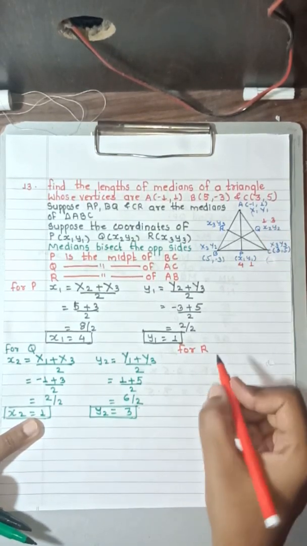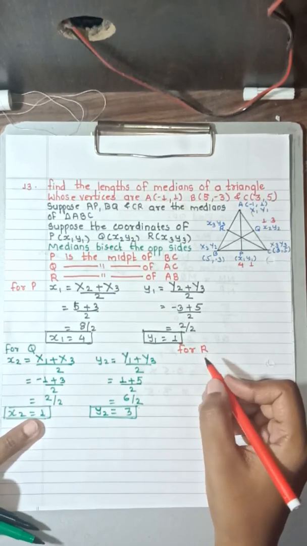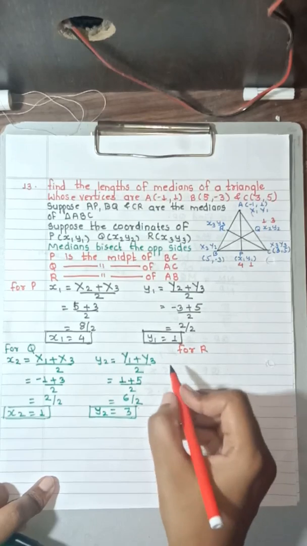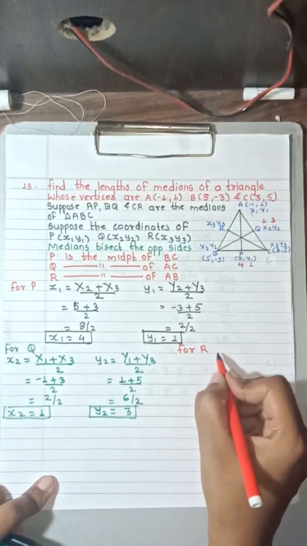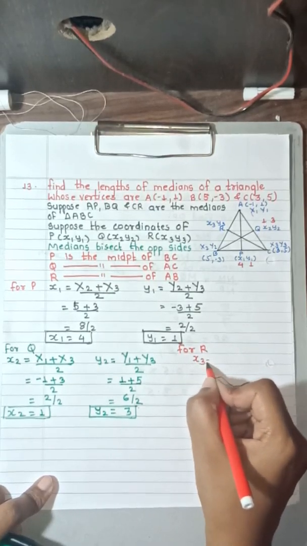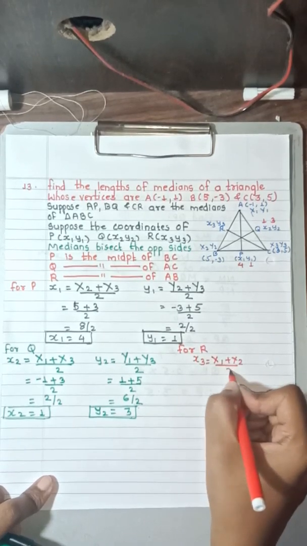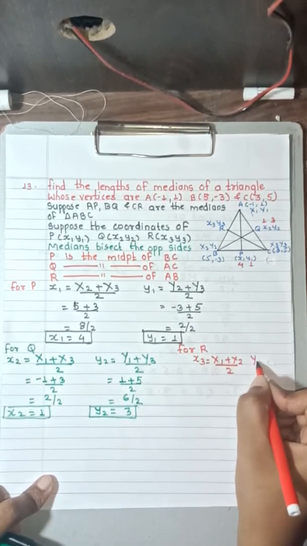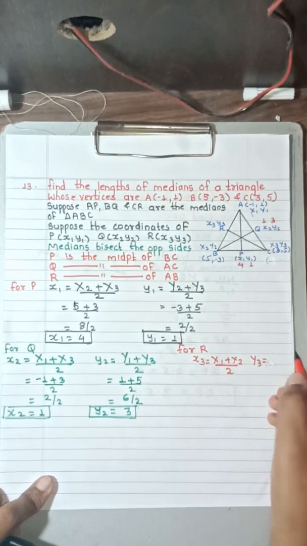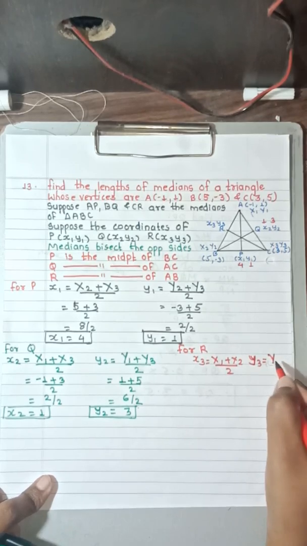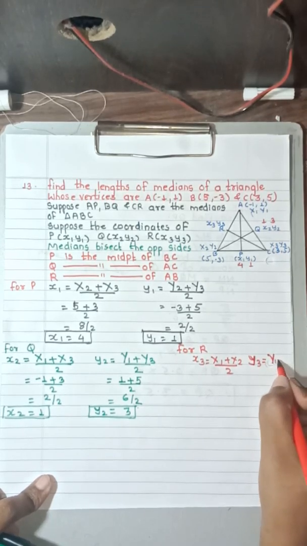Now we are finding it for R. For R you will put the value as small x3 is equal to capital X1 plus X2 upon 2, and small y3 will be equal to capital Y1 plus Y2 upon 2.